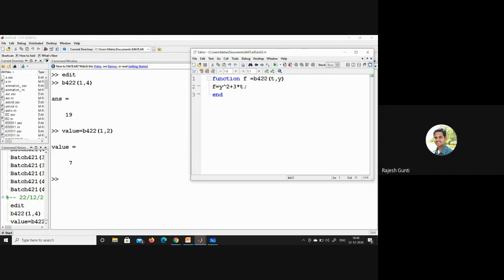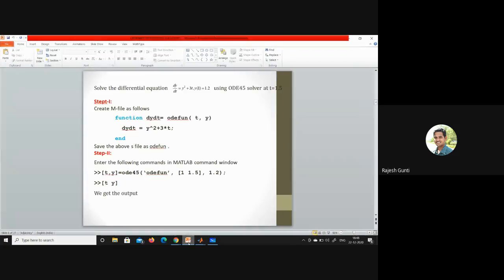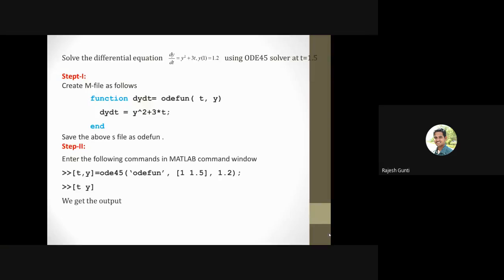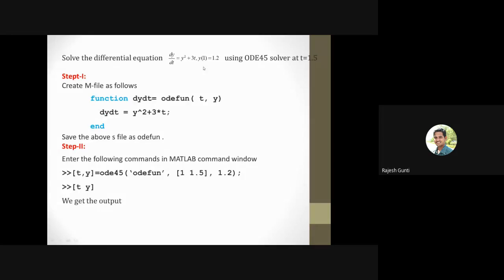My file name is B422. I created ODE fun, as in the previous slide; this ODE fun is B422. What is my T-span? My T-span is 1 to 1.5.